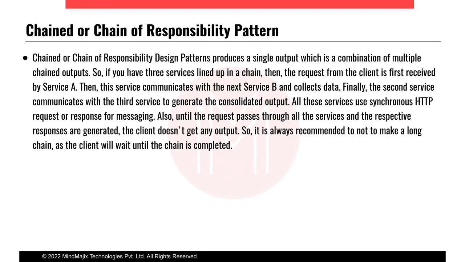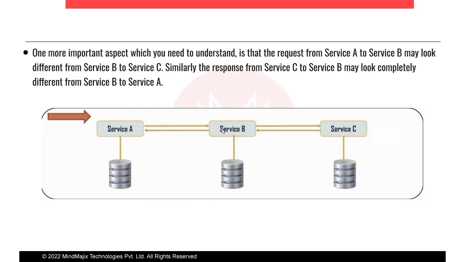Chain pattern means, let's assume there are three services: service A, service B, and service C. The request which comes to service A is dependent on service B, and the service B request is dependent on service C. These scenarios we will go through in the full course, but I'm showing you the design pattern.